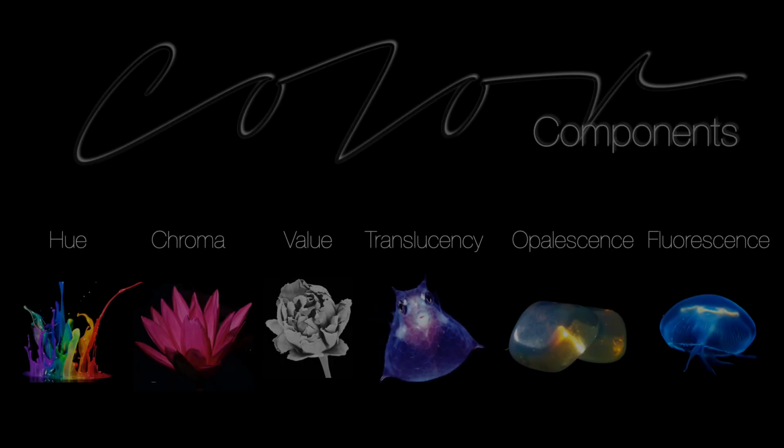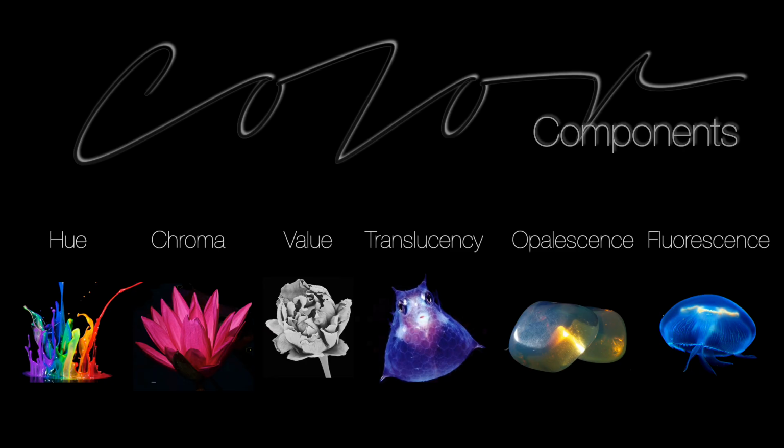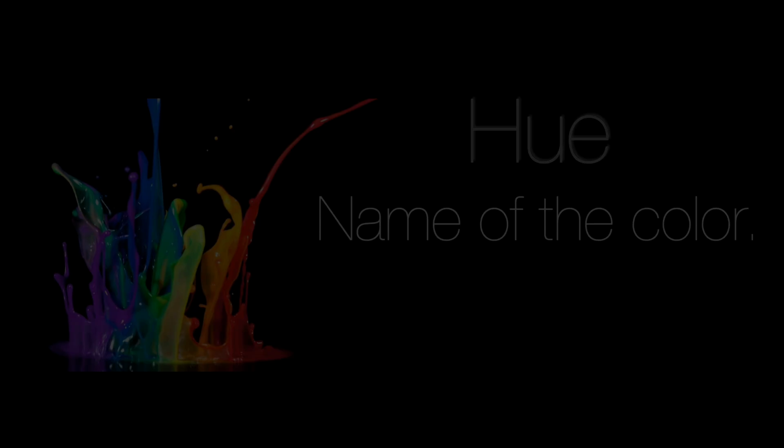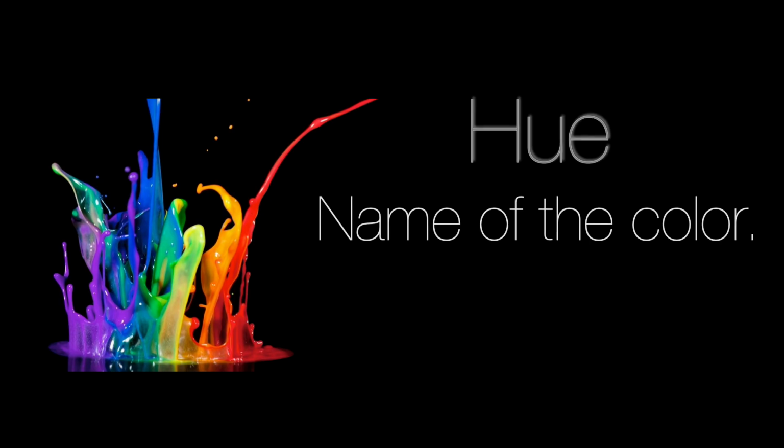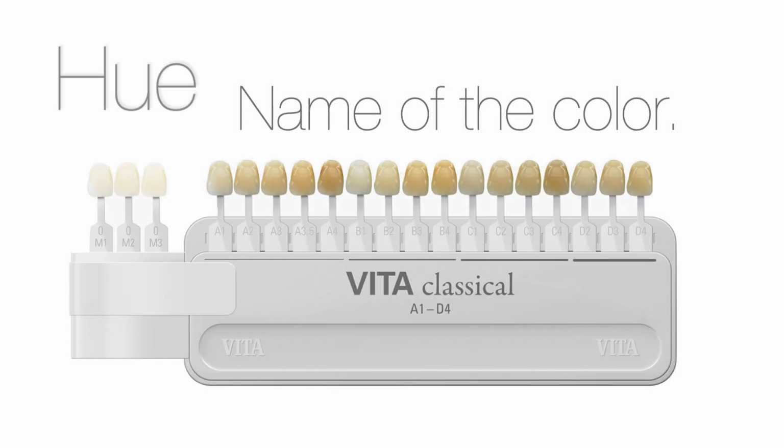Talking about color, we're going to go super quick. The components are the hue, the chroma, the value, translucency, opalescence, and fluorescence. The three bases are the hue, which is the name of the color, and in dentistry the Vita shade guide gives us four basic groups: the A's, the B's, the C's, and the D's.